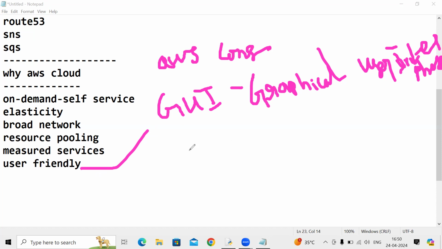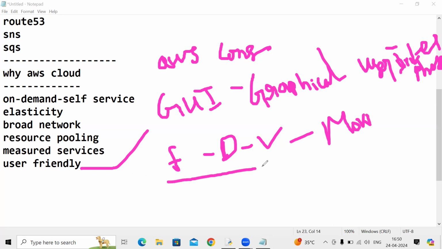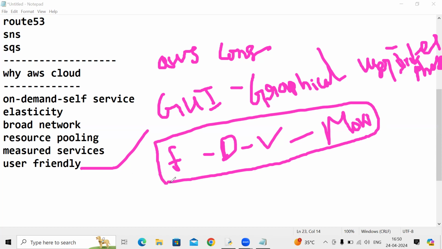Suppose you want to see a movie which is present in videos. At first we go to File Explorer, then we go to downloads, then we move to videos, then we play our movie, right? This is the process we follow to watch a movie on a computer.